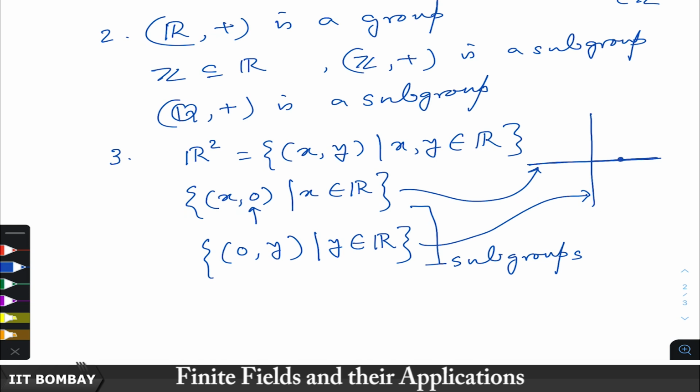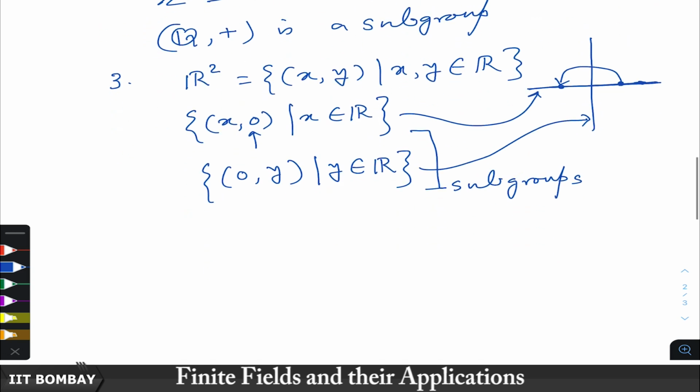It is very easy to check that, because you take any two vectors on the x axis, you get another vector on the x axis. The negative of a vector lying on the x axis is also on the x axis, and so on. The same thing holds for the y axis also. And not only this, you can actually take any line going through the origin.